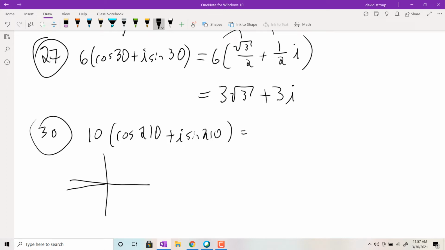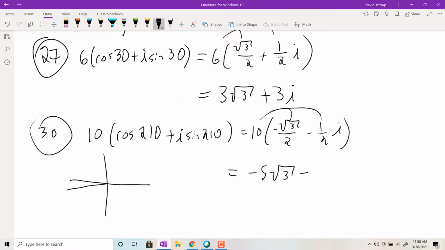So cosine is negative and sine is also negative. 210 is 30 degrees basically as a reference angle. So it's the same numbers as before, except they're both negative. So negative root 3 over 2 minus 1 over 2I. And then distribute the 10. So we get negative 5 root 3 minus 5I. That's it.